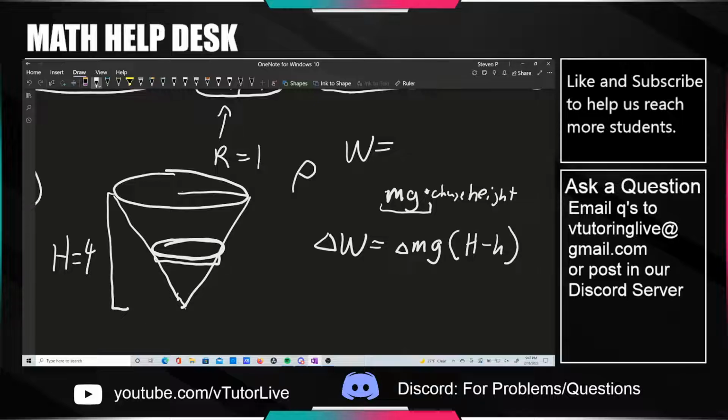If I'm defining little h to be my independent variable, and little h is 0 down here, and up here, little h is equal to big H, right? So at this level right here, the height is h, and then the distance it has left to go is big H minus h, right? For each of these individual layers, it's the differential mass of that layer times gravity times the distance it has to go upwards, all right?